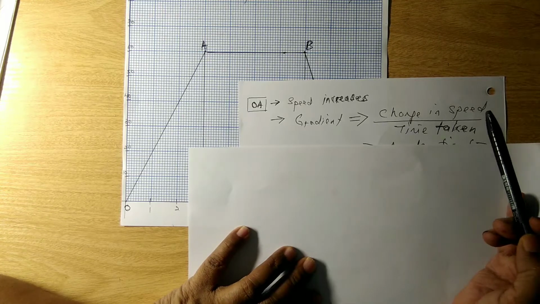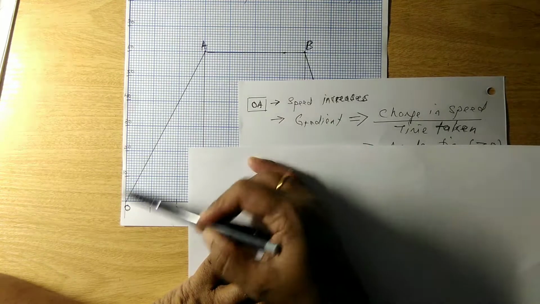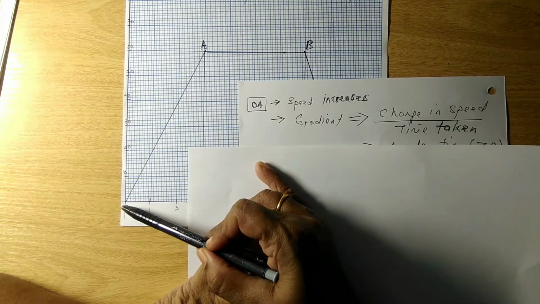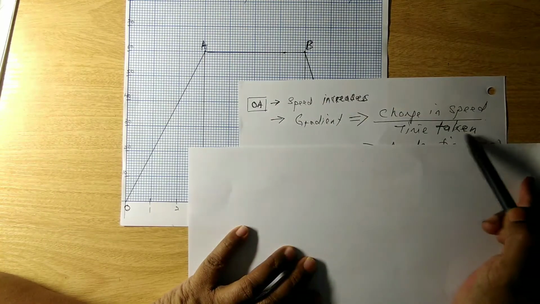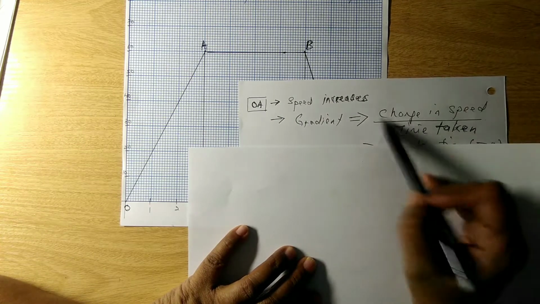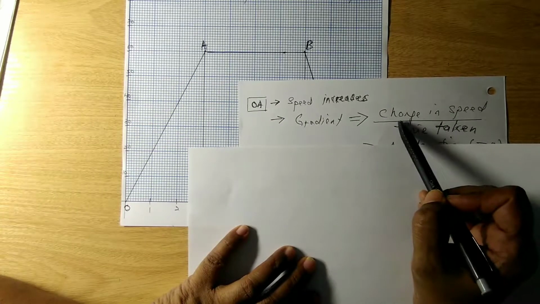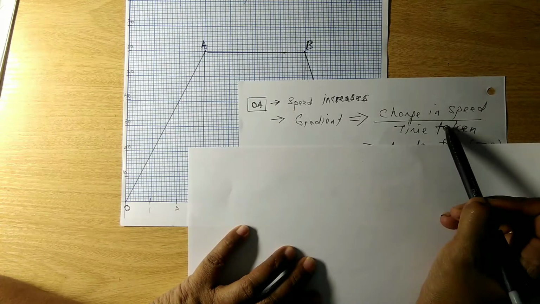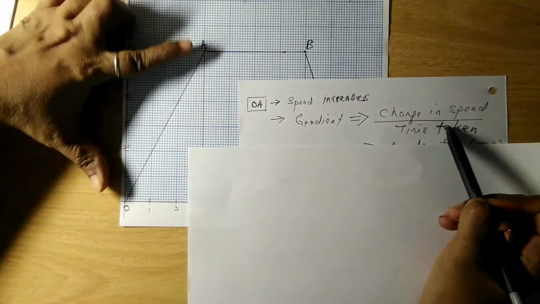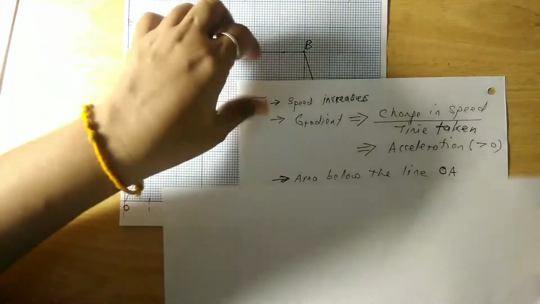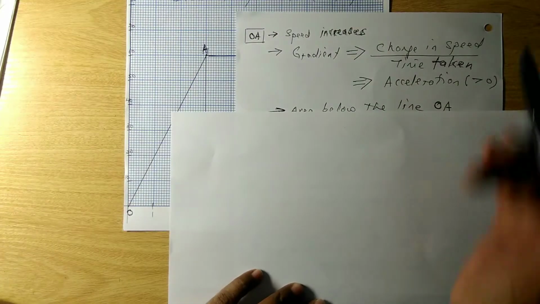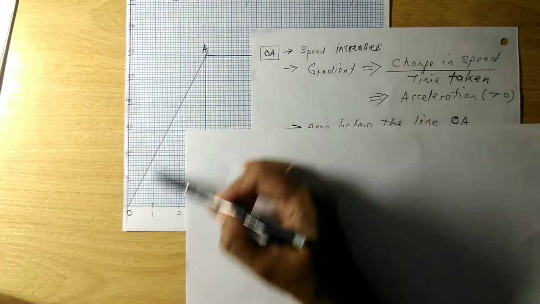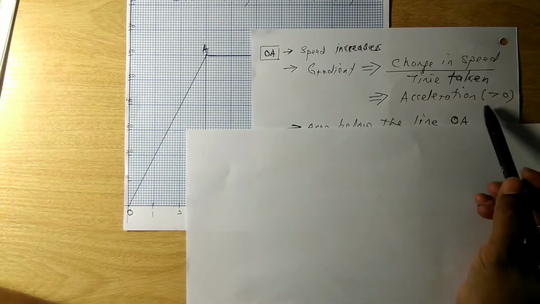Now when you're talking about the gradient of the line OA, the gradient is the change in speed from O to A over the time taken. So if you've noticed this formula, the change of speed over time taken, this can be denoted as acceleration. That means for this part OA, my acceleration is positive. Why? Because the gradient, the slope, is positive.